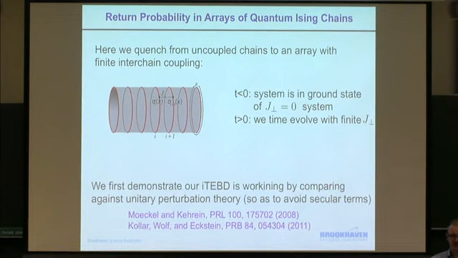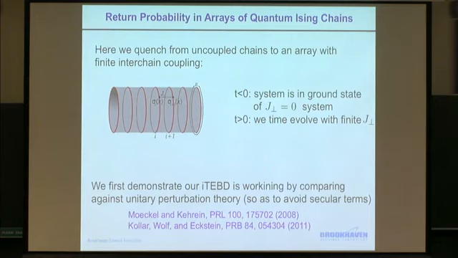I'm stressing this because it is something we'll test or explore with these arrays, this 2+1 dimensional quantum Ising model. So let's move to the first example, where we study the return probability in these coupled arrays of quantum Ising models. The particular quench is one where each Ising chain is in its disordered phase, that is, when the mass of the Majorana fermion is negative.